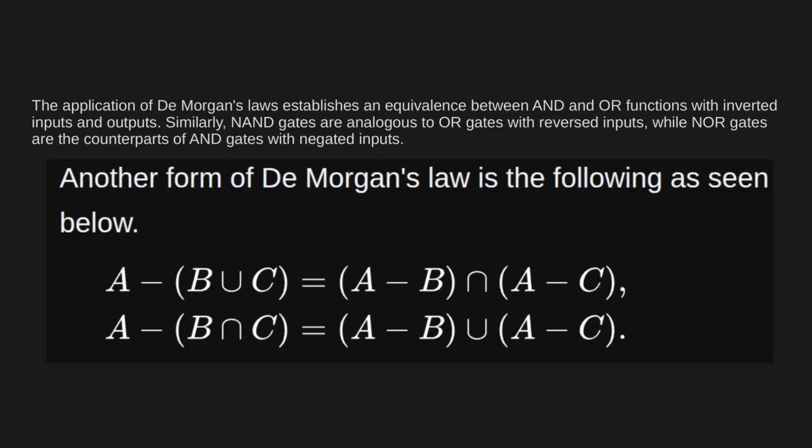The application of De Morgan's laws establishes an equivalence between AND and OR functions with inverted inputs and outputs. Similarly, NAND gates are analogous to OR gates with inverted inputs, while NOR gates are the counterparts of AND gates with negated inputs.